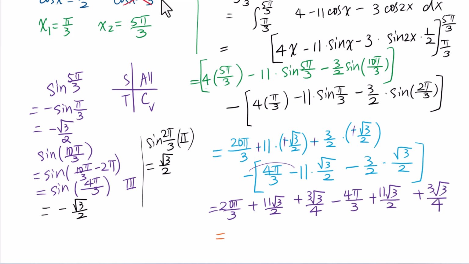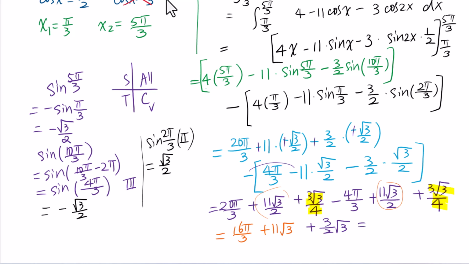Then 20 pi over 3 minus 4 pi over 3 is 16 pi over 3. These two give you 11 square root of 3, and for these two we get 3 over 2 square root of 3.